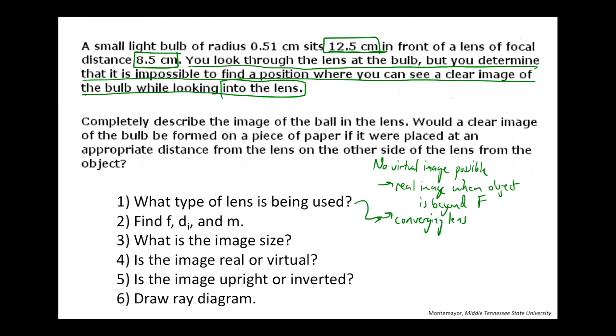It's just trying to say as you get closer to F, the image size is getting really, really big. So if I'm really close to F, just beyond F, it's going to be very large and real. Hugely tall.